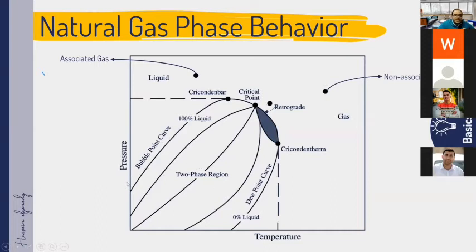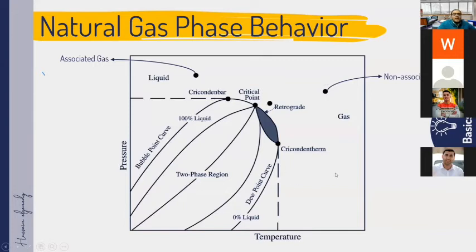On the opposite side, we can find the bubble point curve, which is also a differentiation between the liquid and the two-phase regions. And the bubble point pressure at a certain temperature is the point at which the first gas appears in the mixture.